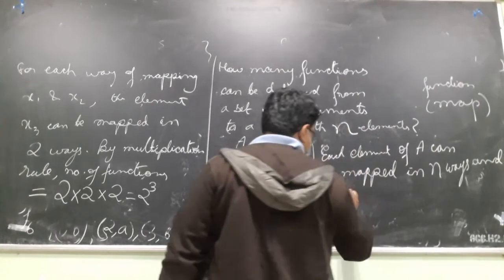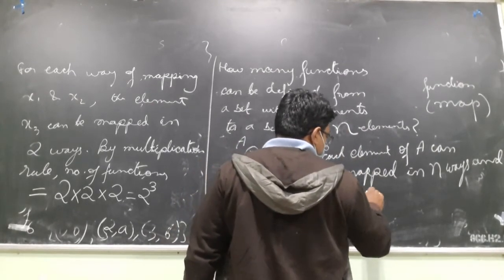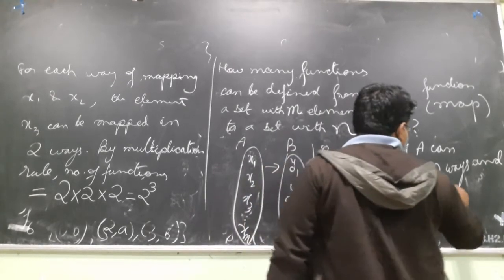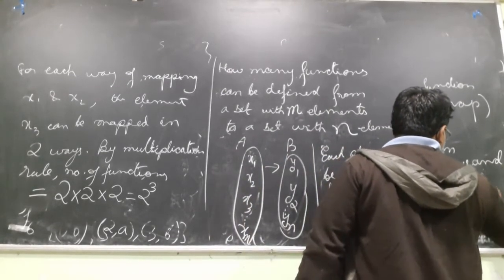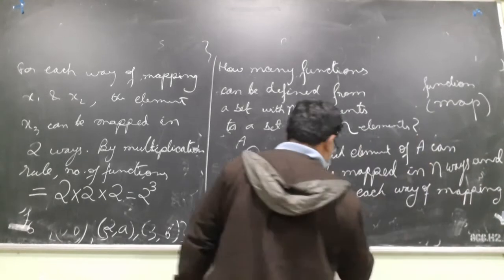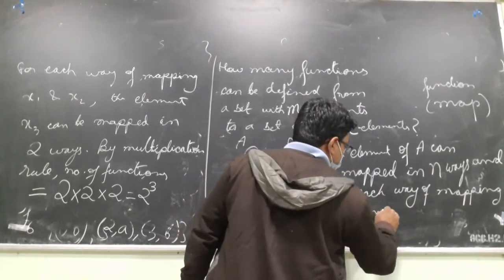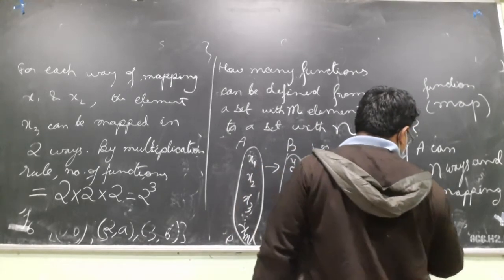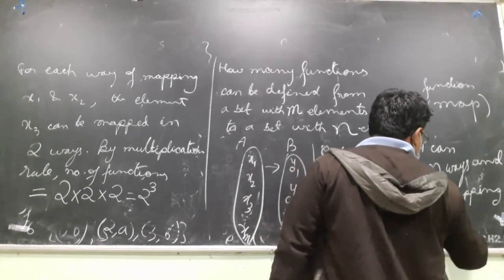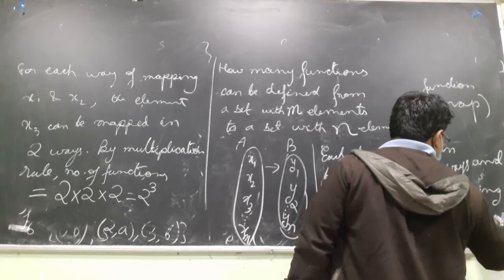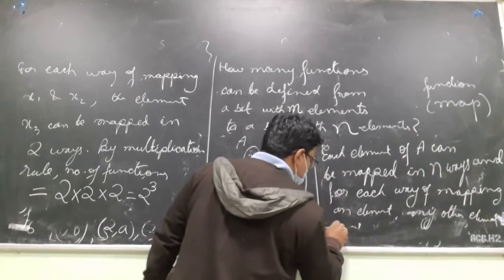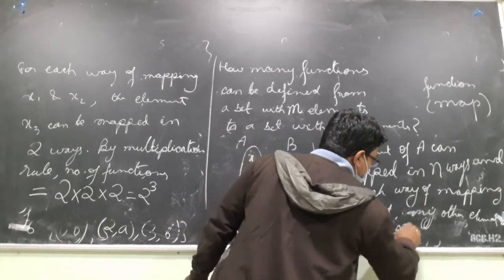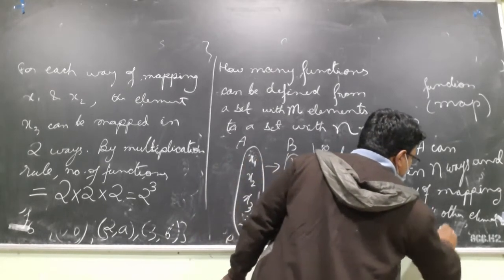And for each way of mapping an element, every other element can be mapped in n ways.